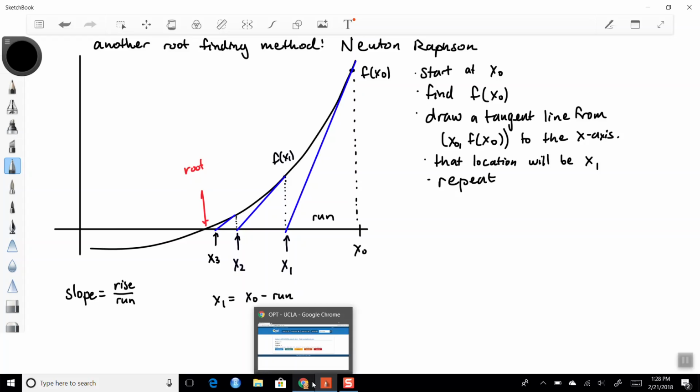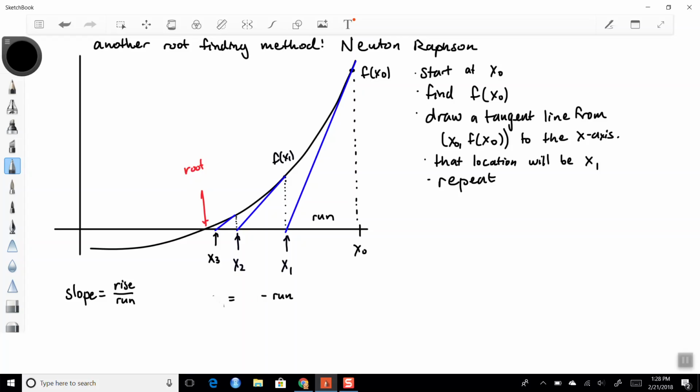Or let me just generalize this. And so I will say x sub n plus 1 is going to be x sub n minus the length of the run. Okay, is that good?